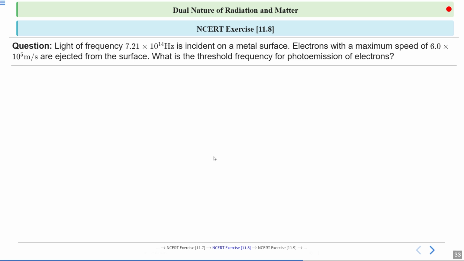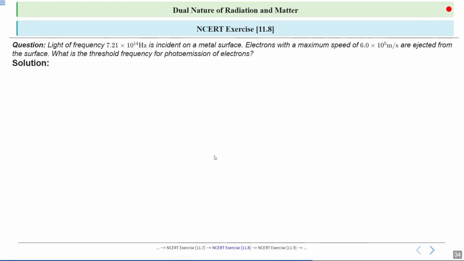Light of frequency 7.21 into 10 raised to the power 14 Hz is incident on a metal surface. Electrons with a maximum speed of 6.0 into 10 raised to the power 5 meter per second are ejected from the surface. What is the threshold frequency for photo emission of electrons? Let's see the solution. First, let's clarify the information given.